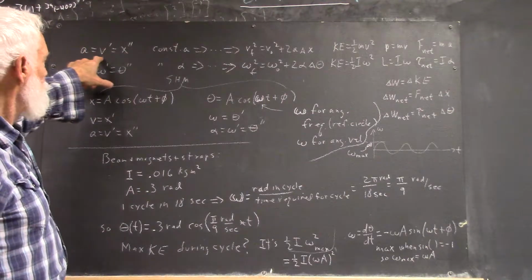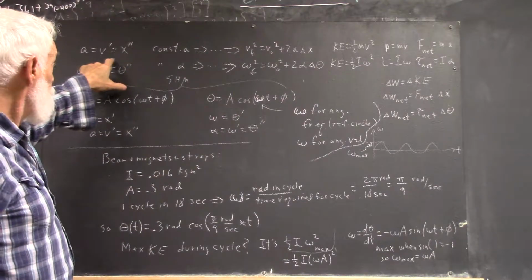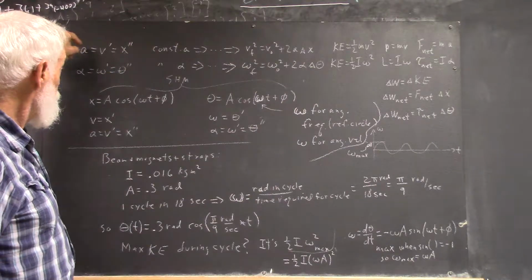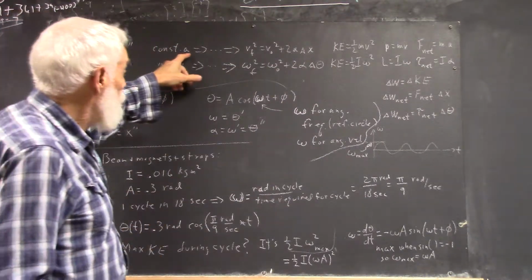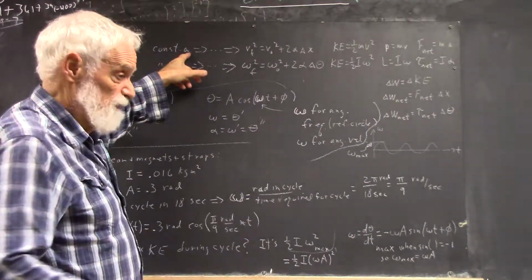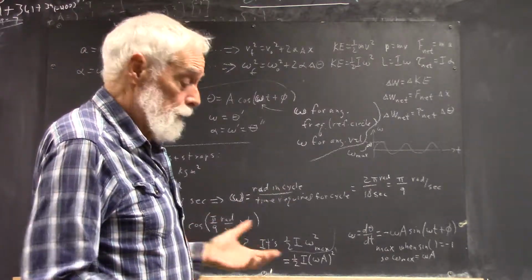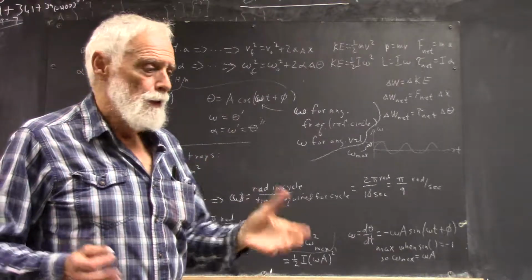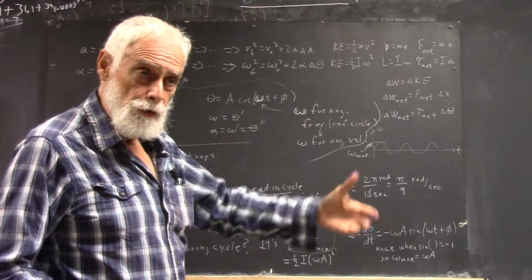Acceleration is equal to the rate of change of velocity, and velocity is equal to the rate of change of position. So the primes, of course, indicate the derivative with respect to time. If you have a constant acceleration, then as everybody was able to do on the first day, you do some integration, and you can get a velocity function and a position function with some parameters to fill in. Each integration gives you an integration constant.